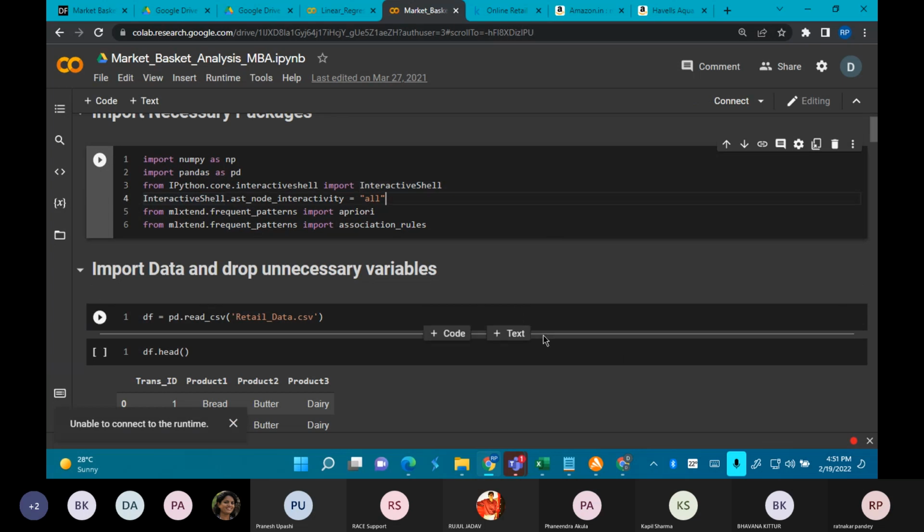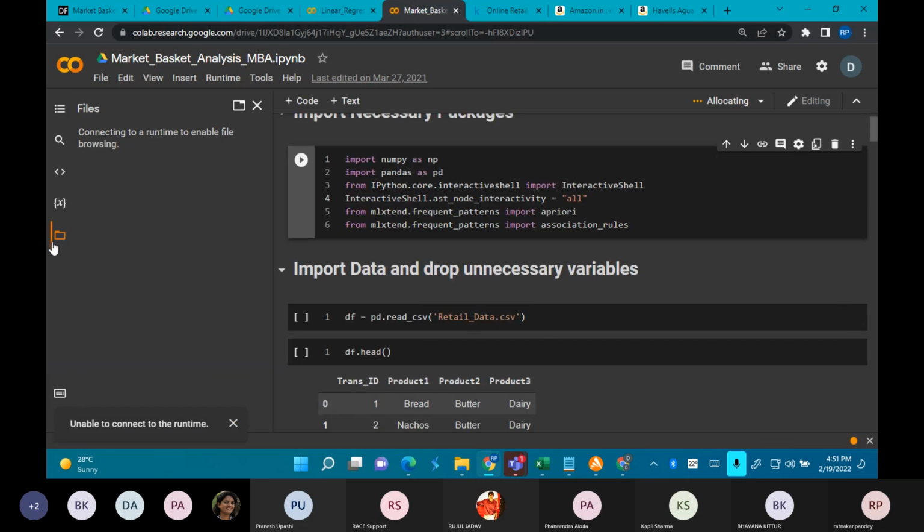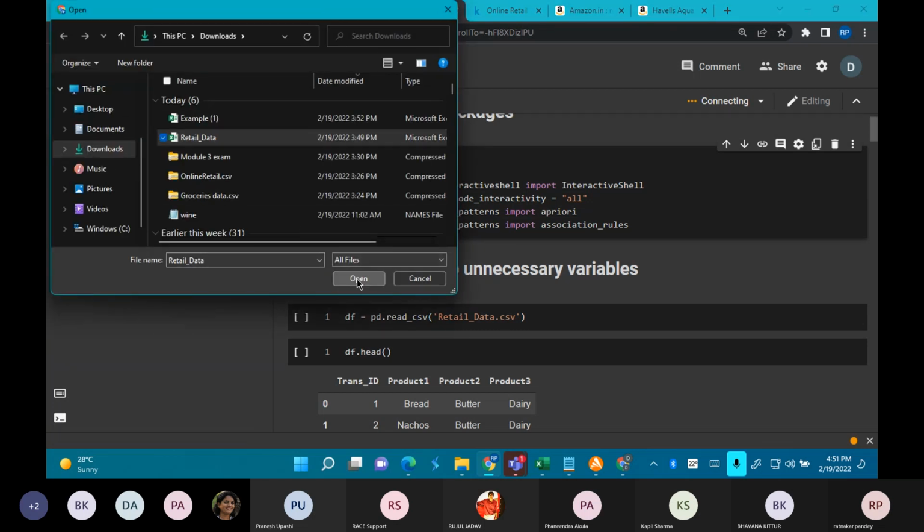So in Google Colab, you don't need to install anything. It's already done. But if you're doing in the Jupyter, you have to install it. So then upload your retail file.